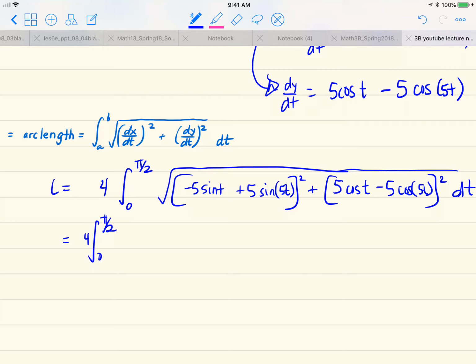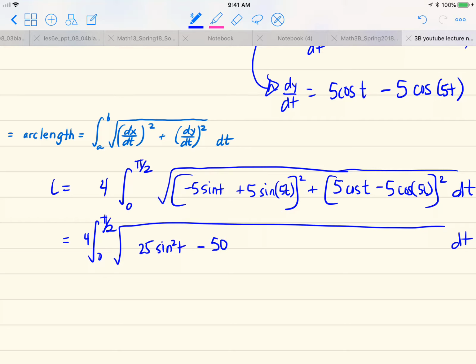algebra here. Instead of trying to do shortcuts, let me just go ahead. So I'll have 25 sine squared t, minus 50 sine t sine 5t, plus 25 sine squared 5t.